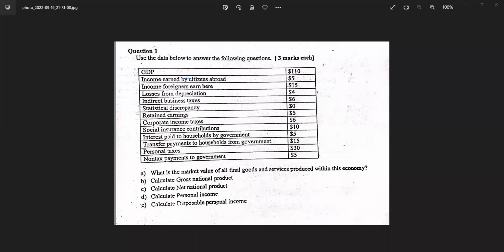Personal income is equal to national income minus retained earnings plus transfer payment. Sorry, personal income equals national income minus corporate income tax minus retained earnings plus transfer payment.